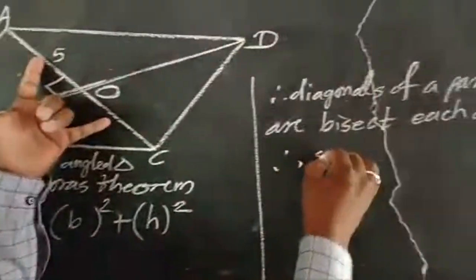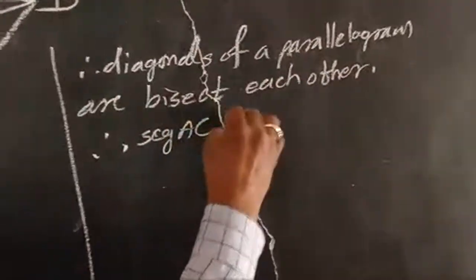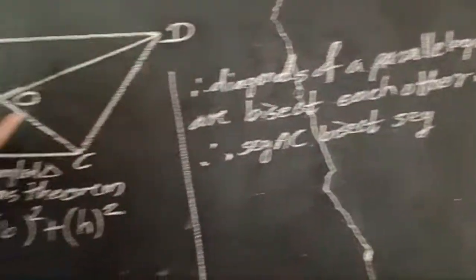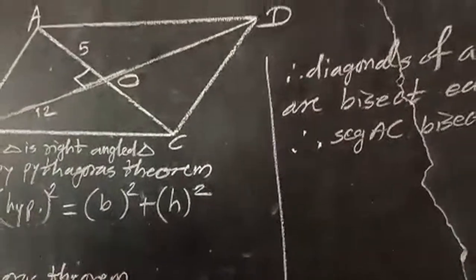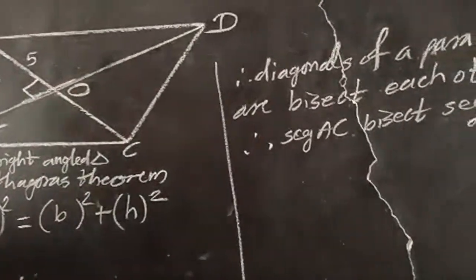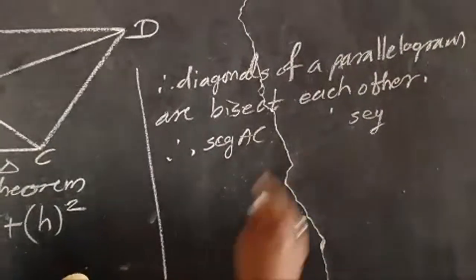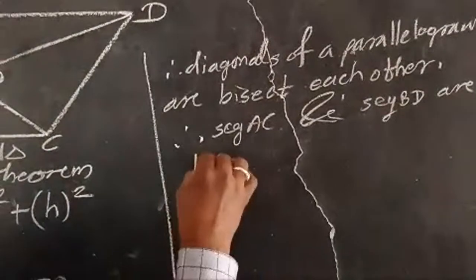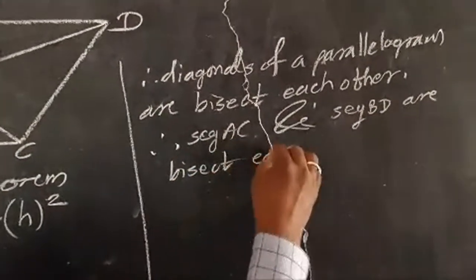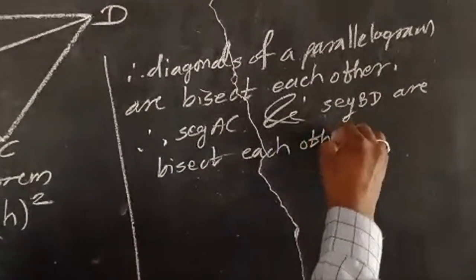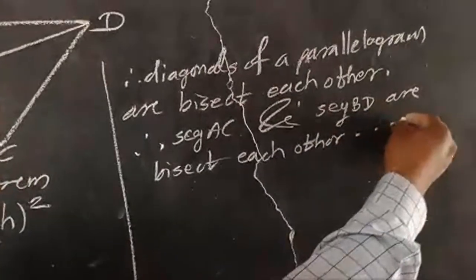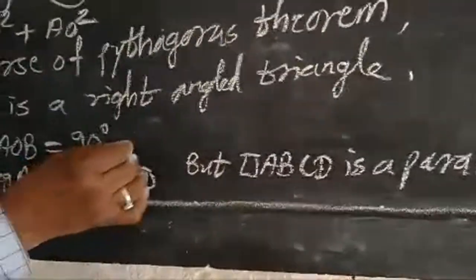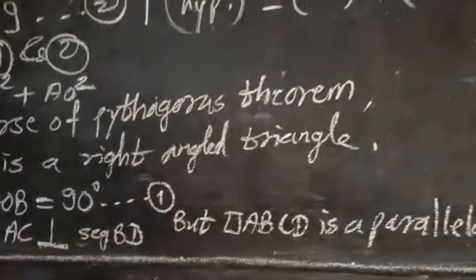Segment AC and segment BD bisect each other. That is sentence 2, and this is sentence 1.